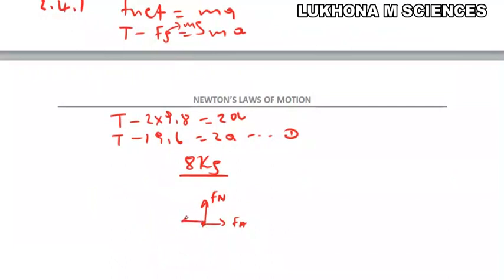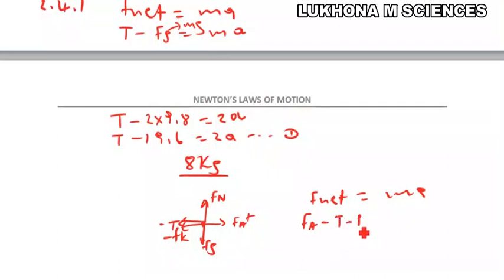It has the tension and the friction. Then we have Fg. So this one must be positive, this one is negative, this one is negative. So F net is equal to MA. FA minus tension minus FK, which is equal to MA.